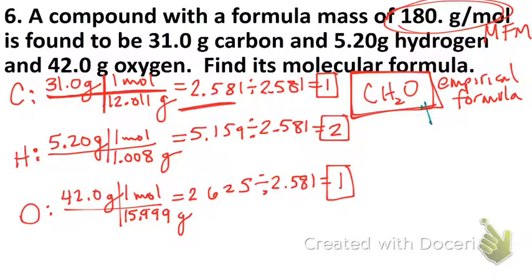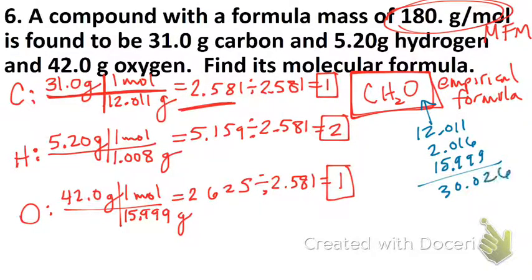So now step 2 is to find the mass of this. And so it's a carbon, 2 hydrogens, and oxygen, which ends up being 30.026.